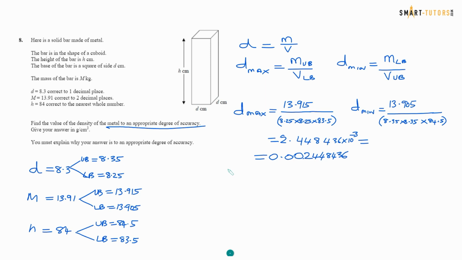So let me write it down. So that is the minimum, 2.36015 times 10 to the power minus 3. So this also is going to become 0.00236011593. So this is the maximum value and this is the minimum value.